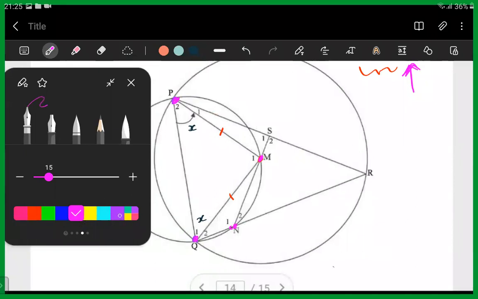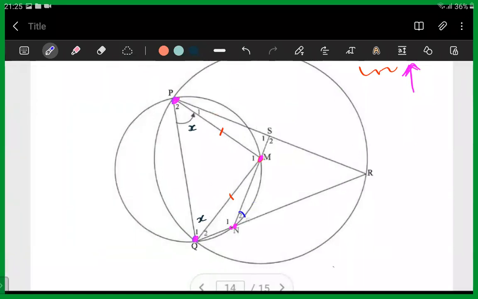So already what we know here is that this angle here, this is an exterior angle. It's equal to that one. You see it? The reason why I'm pinpointing this one is because this one is equal to X. So if this one is equal to X, this one will be equal to X automatically also.